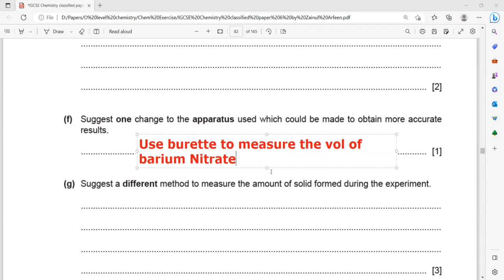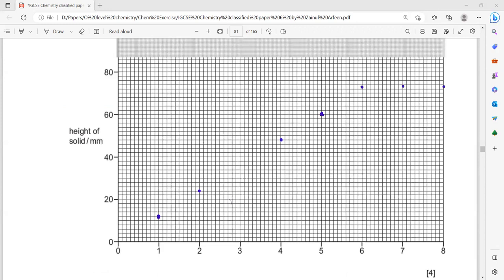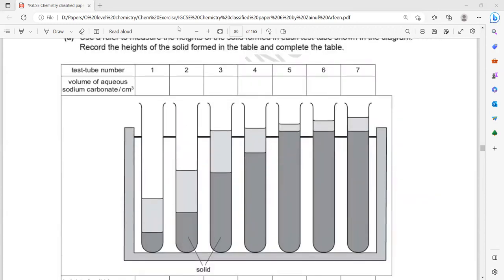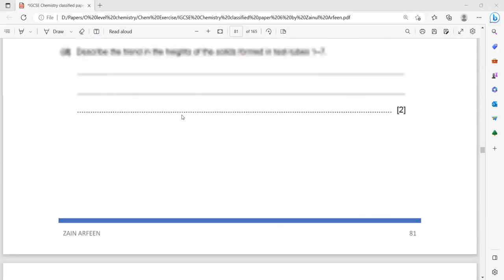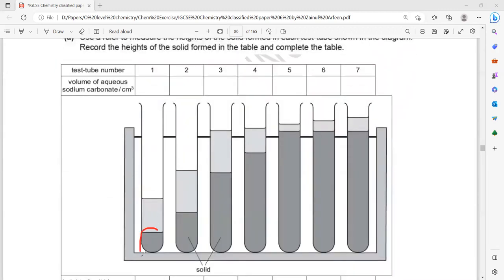Suggest a different method to measure the amount of solid formed during this experiment. One way of measuring the amount of solid formed, what we did, was to measure the height. What other technique can be used? You can measure the weight, but it's worth 3 marks, so you should be accurate and mention the steps experimentally. First we filter, then wash, then dry, and then weigh the precipitate.